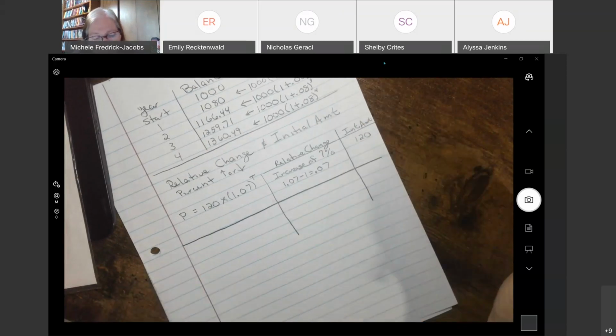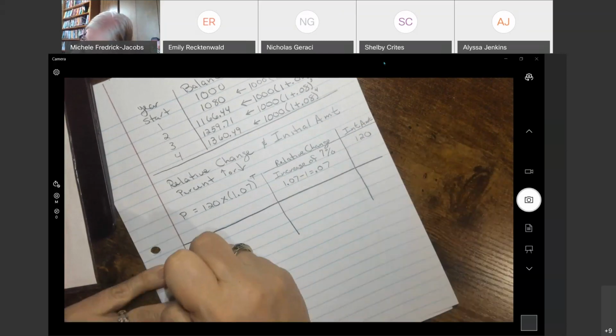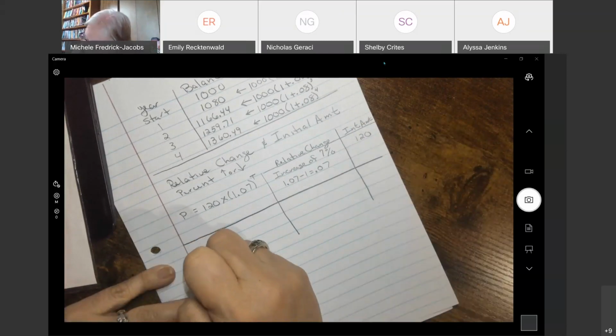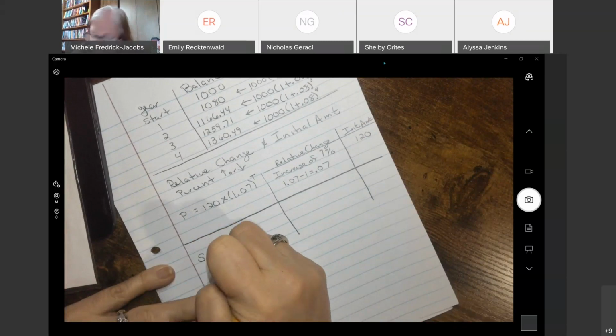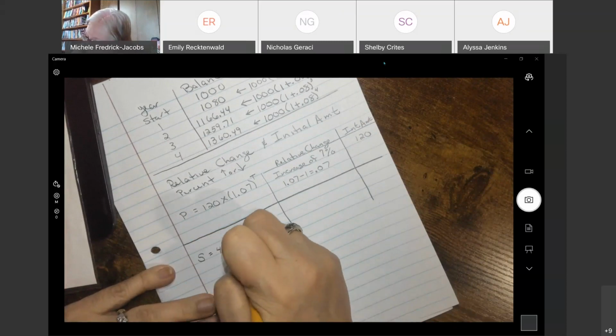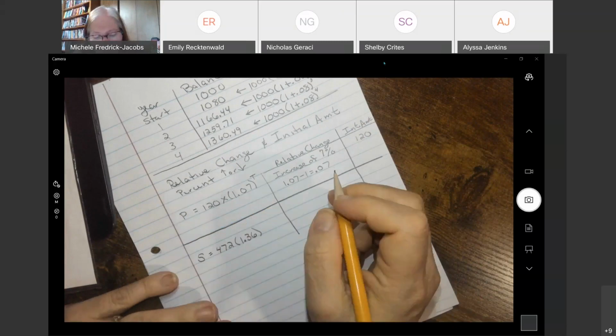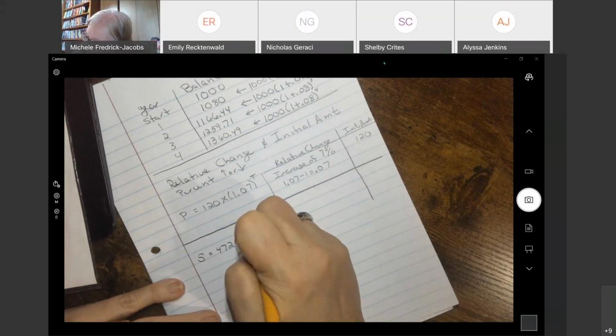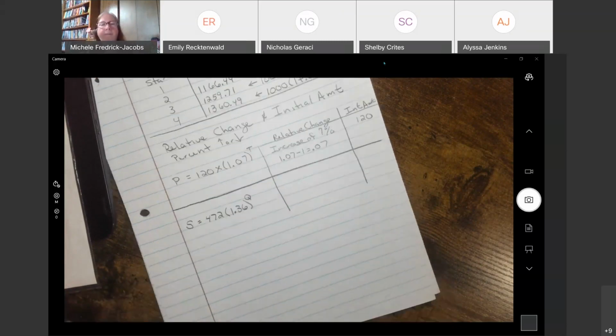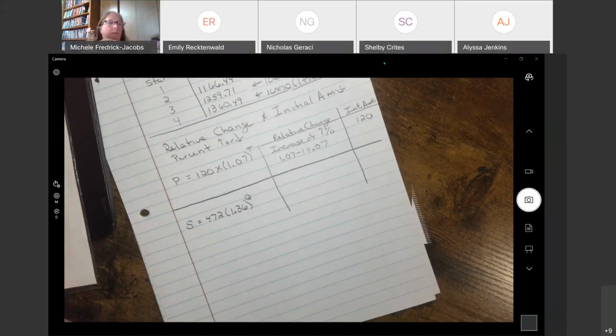Okay, let's try. S equals 472 times 1.36 to the Q. So find the relative change in the initial amount.